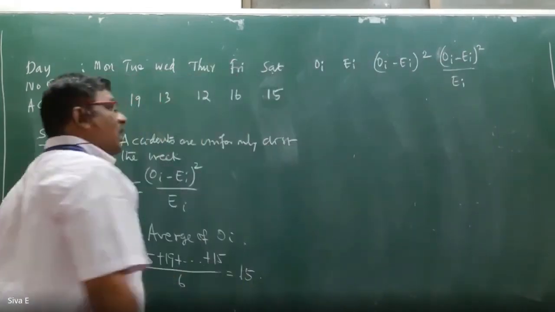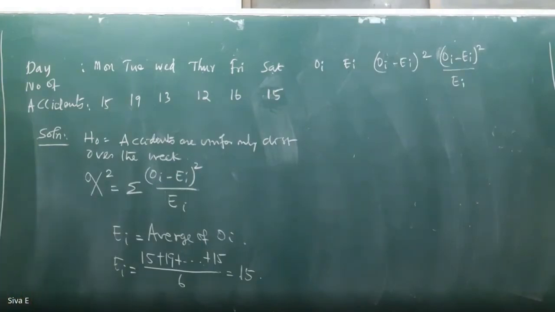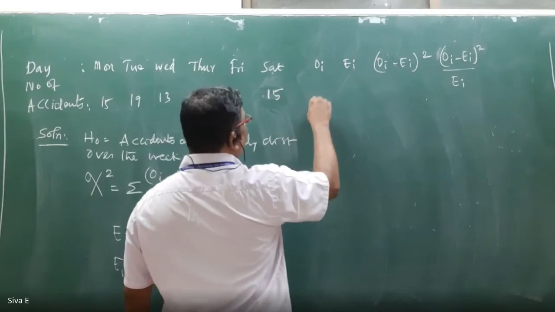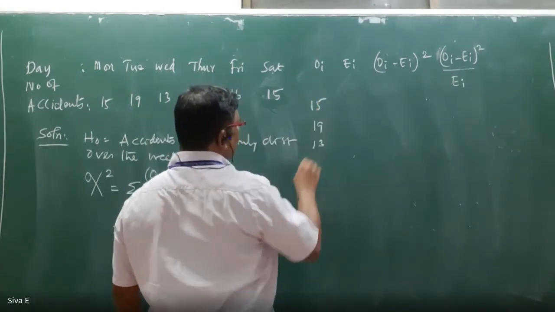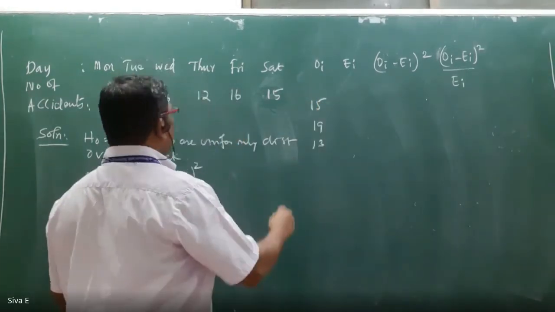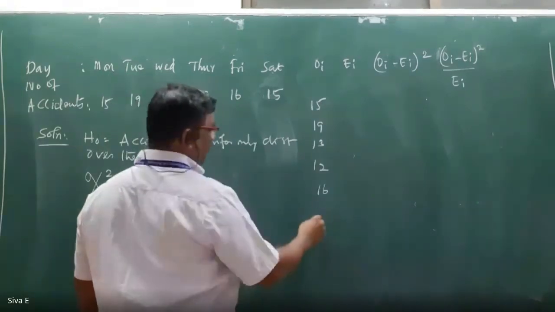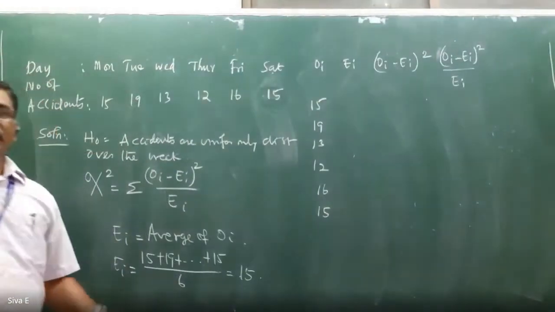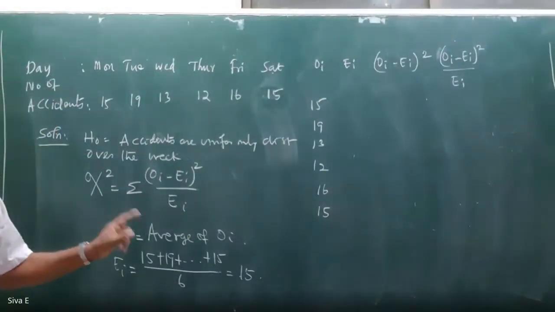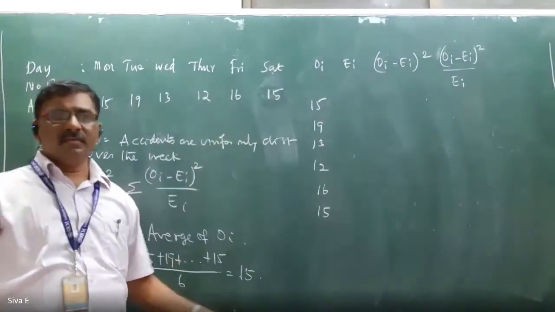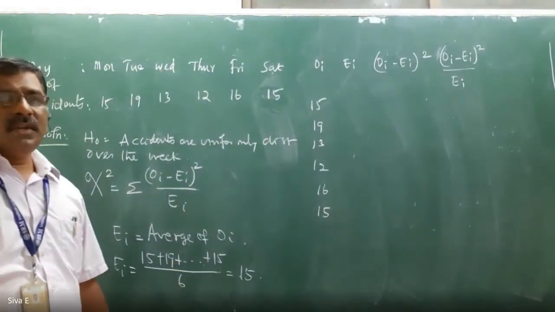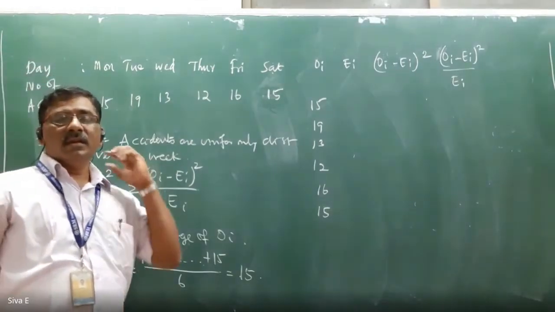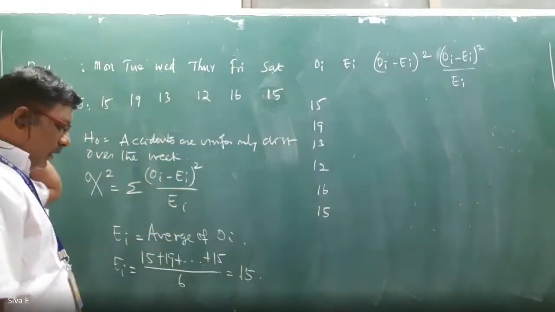So first column OI: the given values are 15, 19, 13, 12, 16, 15. That is OI. EI is 15 for all the values.